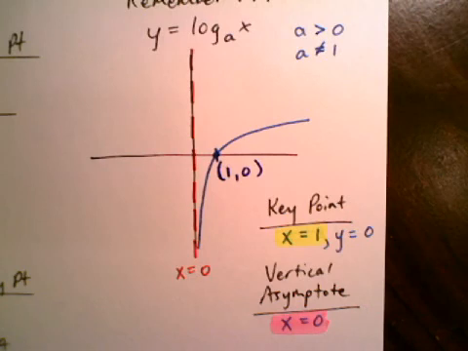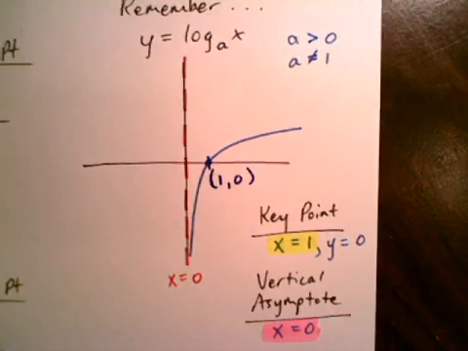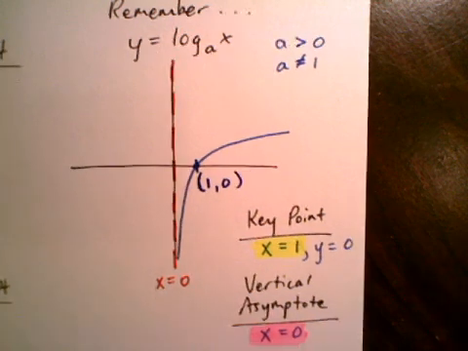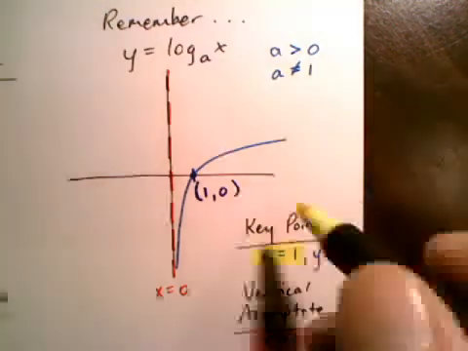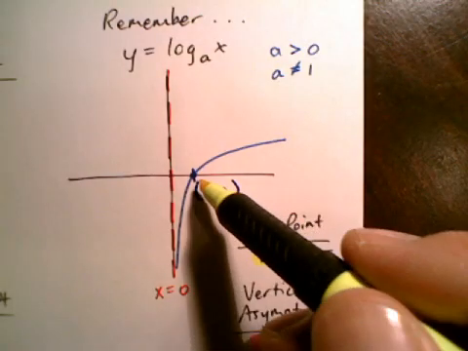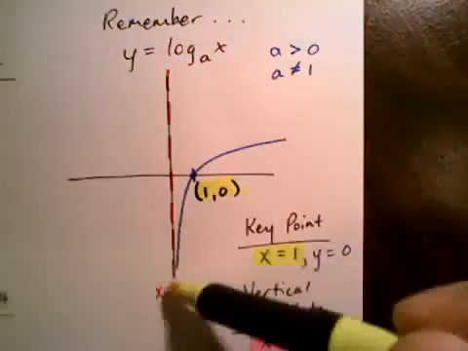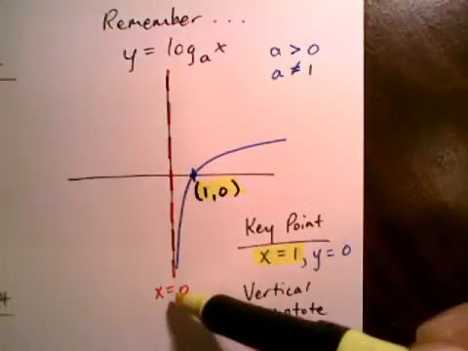So I want to attempt to give you guys a little bit more of an intuitive approach to graphing these functions, and I wanted to remind you of the important parts of the log graph. So the first two are logs, and the important parts of the log graph are the key point, which you can see here is at (1, 0), and the vertical asymptote is the line x equals 0.